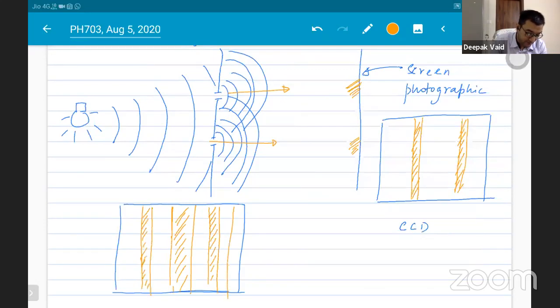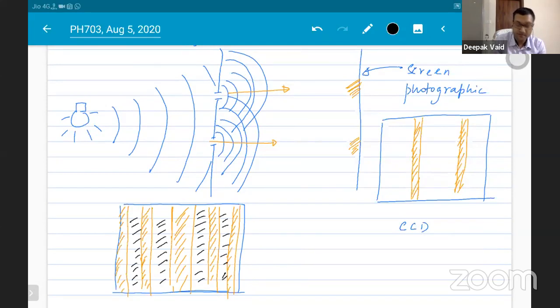Then you get another region. So you get these different regions, so this is dark, right? You get these regions of dark, light, dark, light.